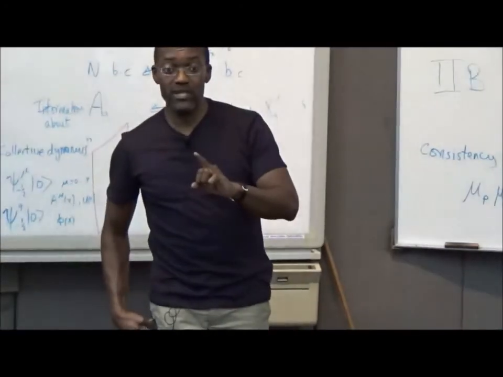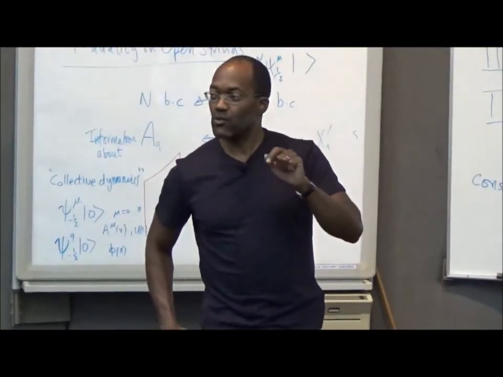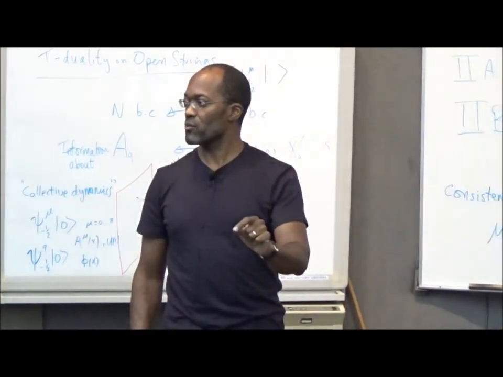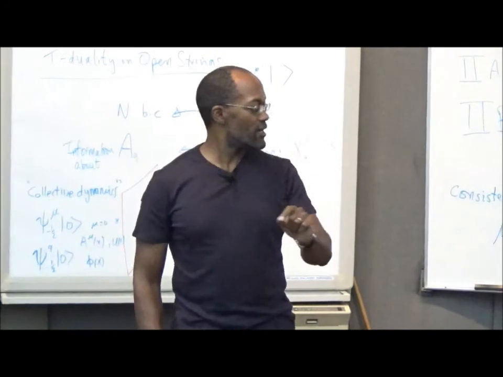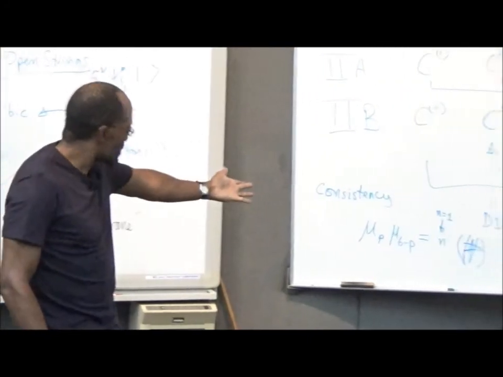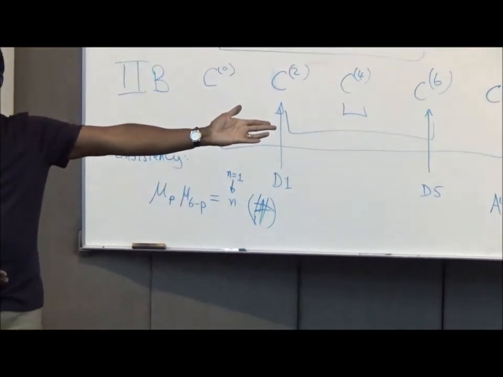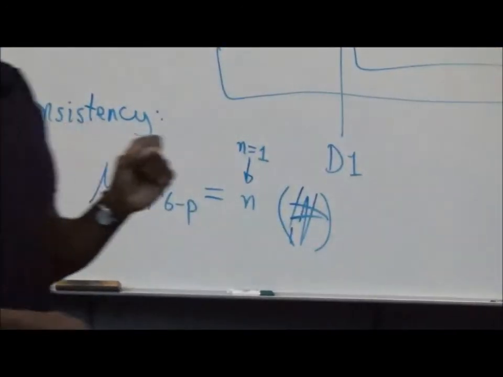But n equals 1 means that they not only carry the Ramond-Ramond charge, they carry the smallest possible units of Ramond-Ramond charge. Had they carried any other units, well, they couldn't carry any smaller units, except 0, but we've already seen that they do. So this is really important.